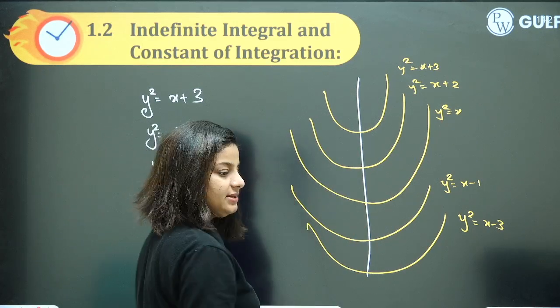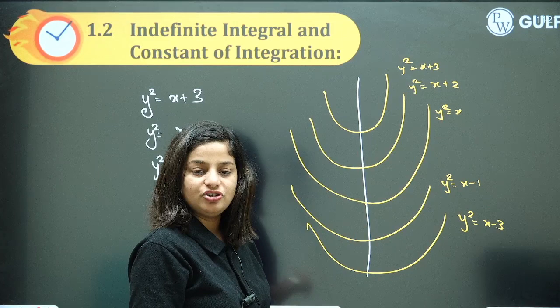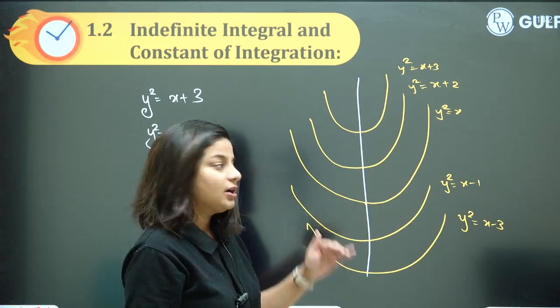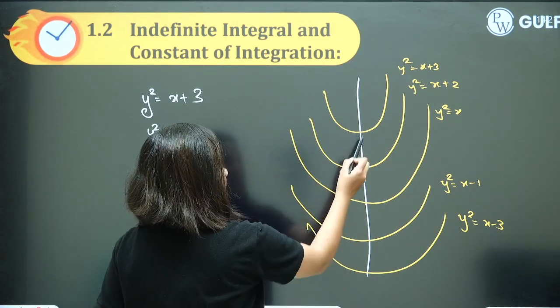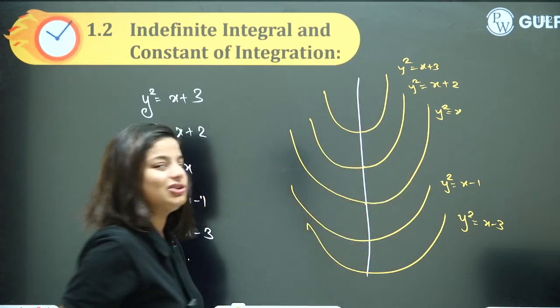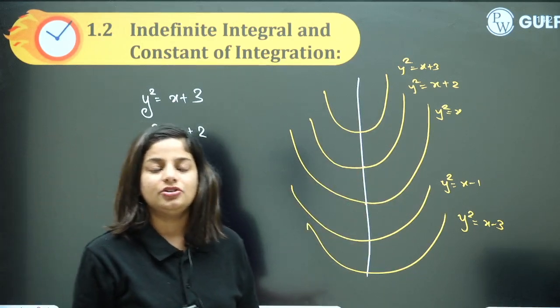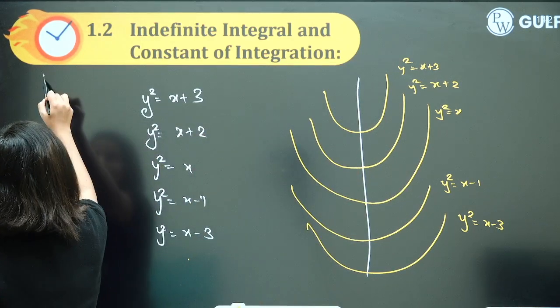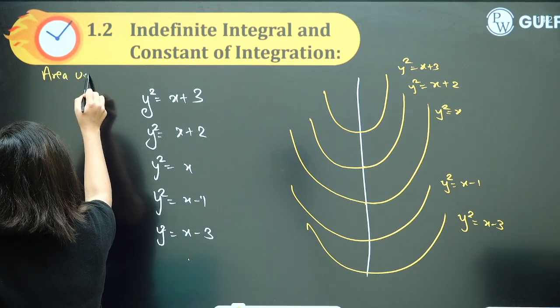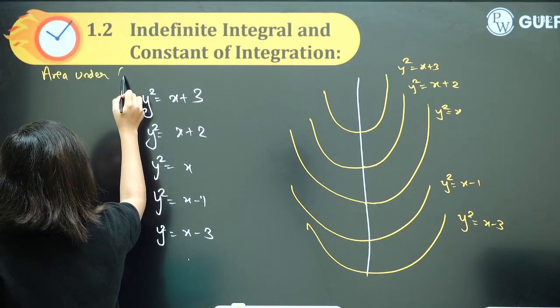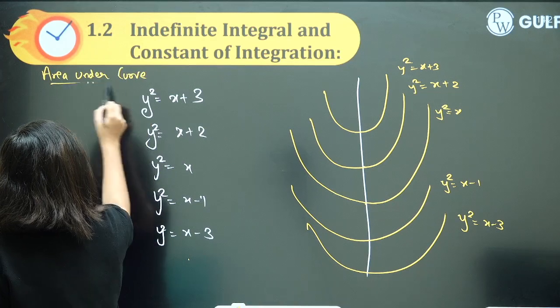What is changing? Only the constant value is changing. Where it's intersecting the graph, only the constant is changing. So basically in integration, we calculate area under the curve. The geometrical meaning of integration is area under the curve.